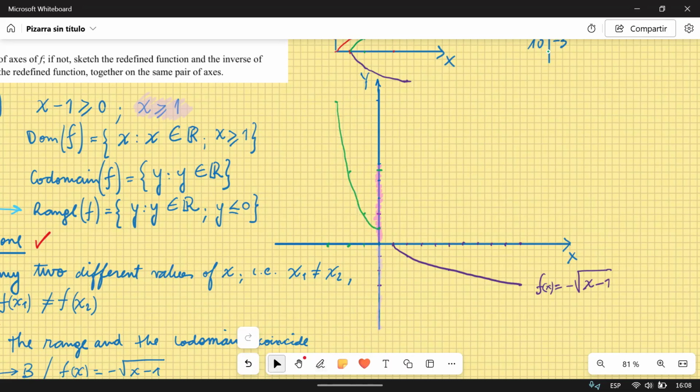Okay. So this is the inverse f to the -1 of x equals x squared plus 1. And I see the property that the inverse of f and f have. It is a reflection on the line y equals x. Let's construct that line.